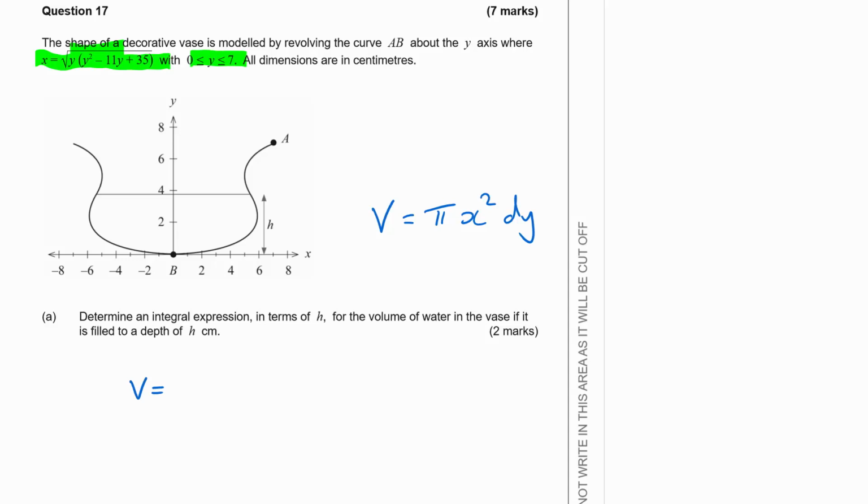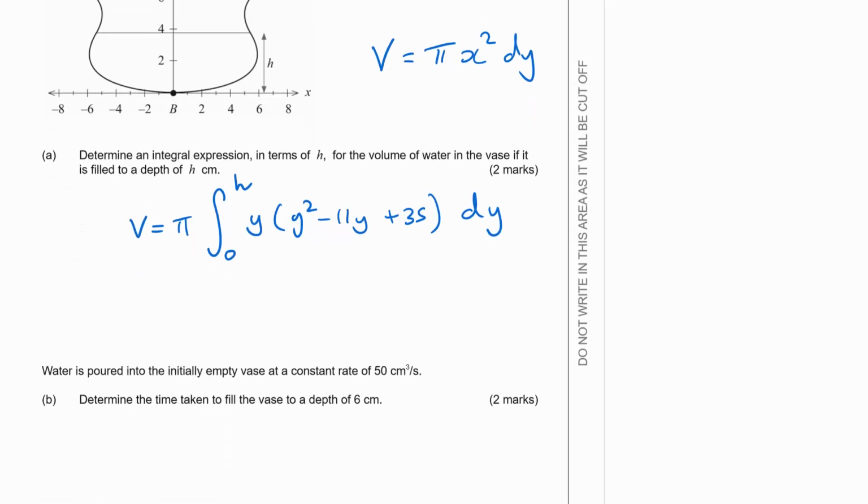So V is going to be pi times the integral from 0 to h of x squared, which means we just get rid of the square root on this. So it's going to be y squared minus 11y plus 35 dy. And that should suffice for part A.